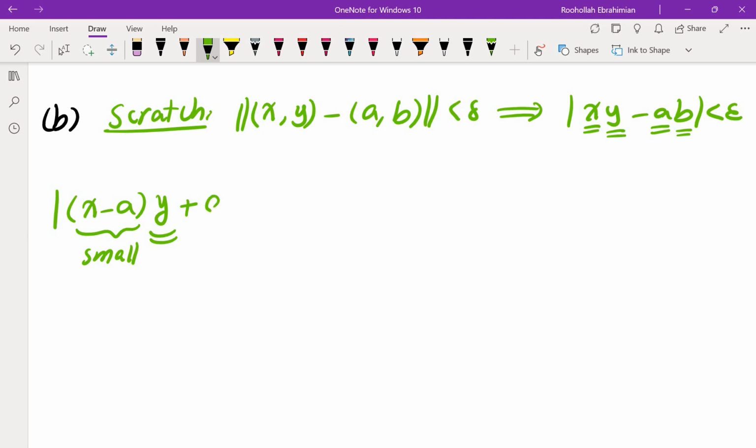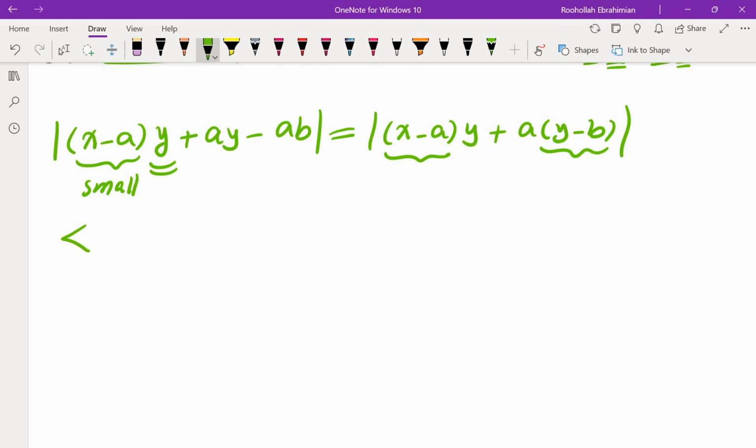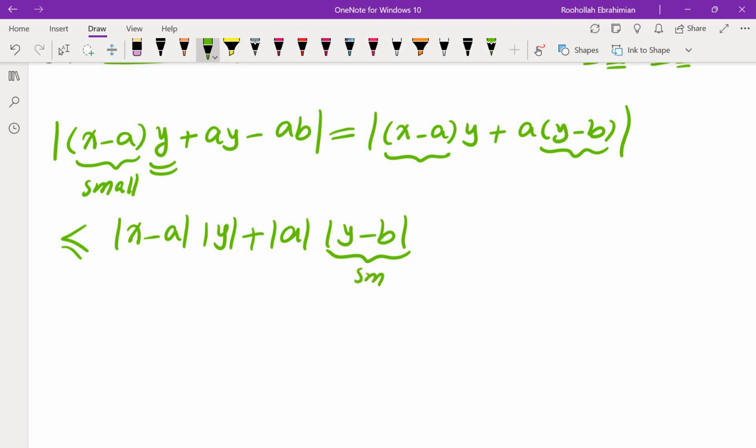So if I add and subtract a times y here, I would get the absolute value of x minus a times y plus a times y minus b. Now both of these are small, so I can rewrite that by the triangle inequality as the absolute value of x minus a times y plus the absolute value of a times y minus b. Make sure this is less than epsilon, this is small. This also small, and this one doesn't go to infinity, doesn't blow up.